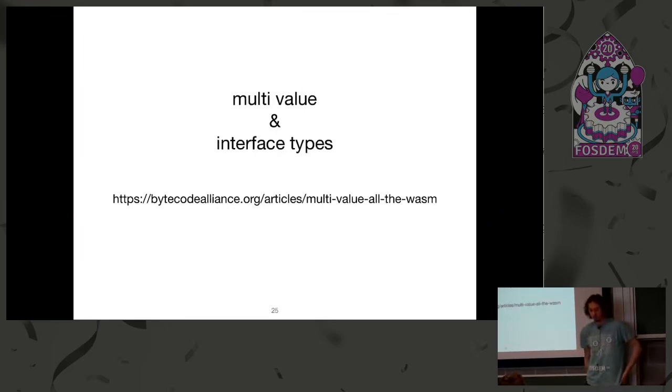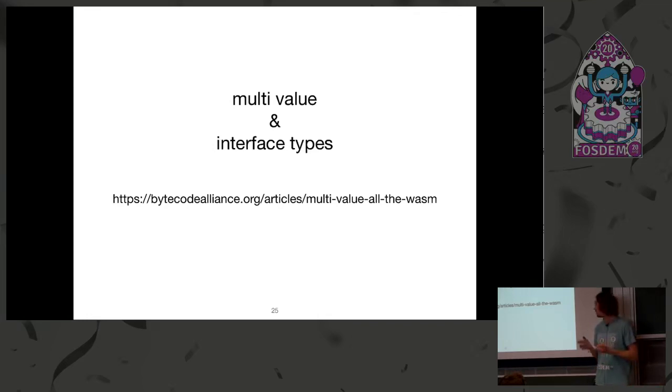Also, the things before are kind of more related to Rust or to interop, but this one is an extension of the specification. Multi-value is, if I understand correctly, not supported by all browsers yet, but well, if a runtime supports it, you can use it.